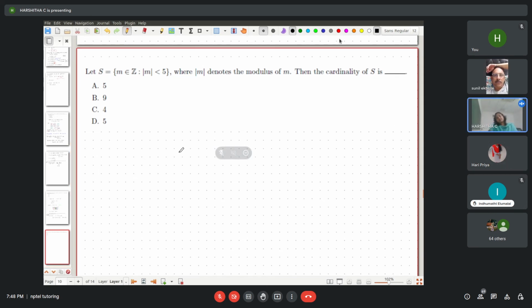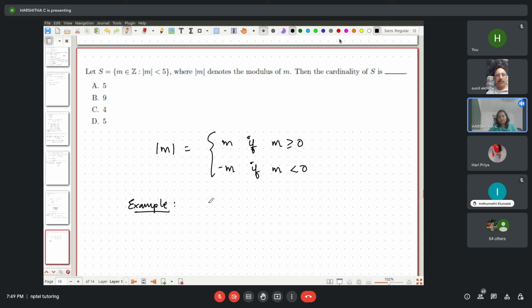Okay, so this question says that you are looking at all those integers whose absolute value is less than 5. Then what is the cardinality of S? I hope you know absolute value. If you want to formally define it, it is M if M is non-negative, and minus M if M is negative. To put it in simple words, if you get a negative sign, just remove it. We're taking the positive side of the numbers. For example, the absolute value of 3 is 3.